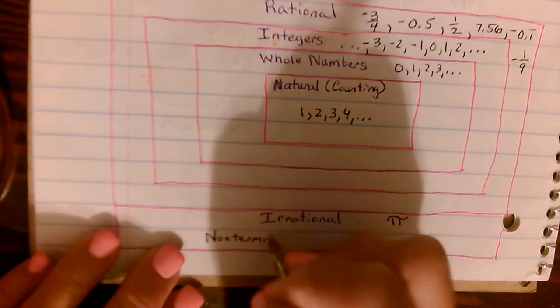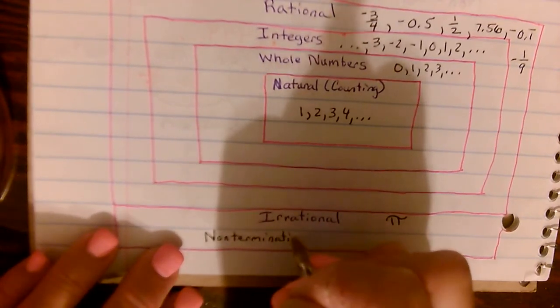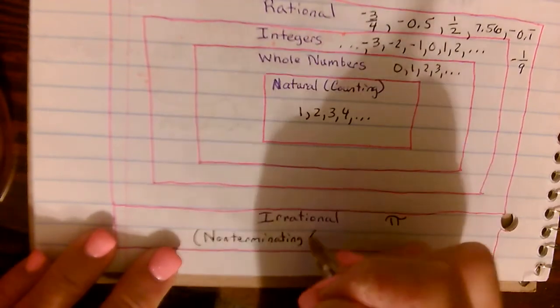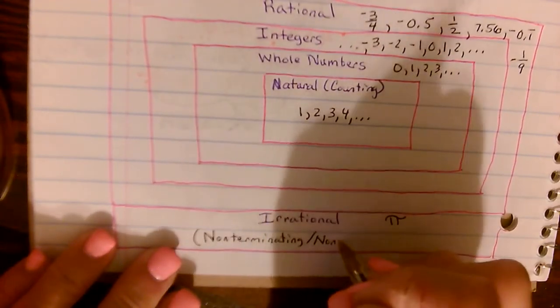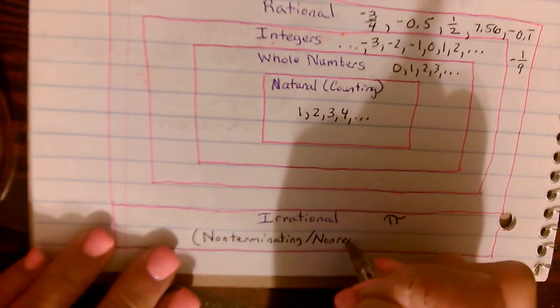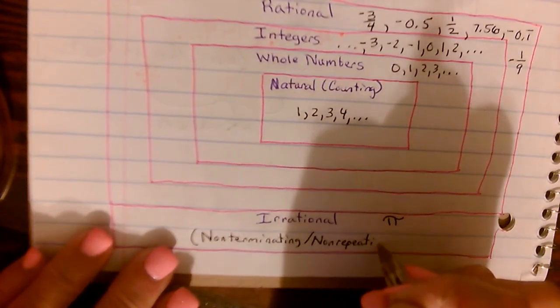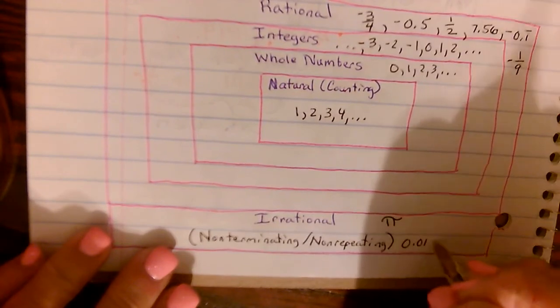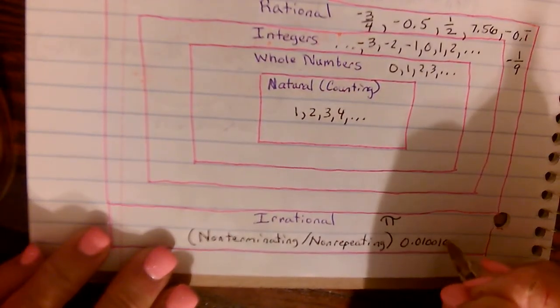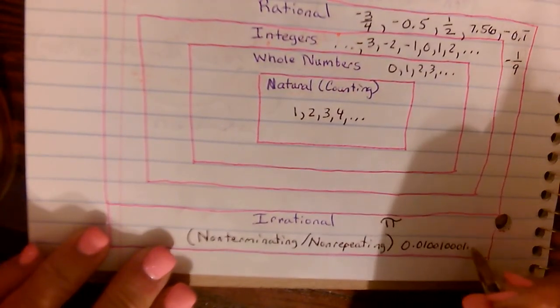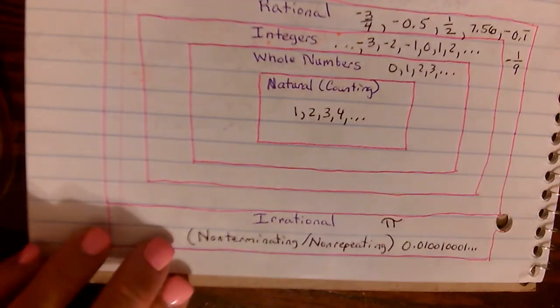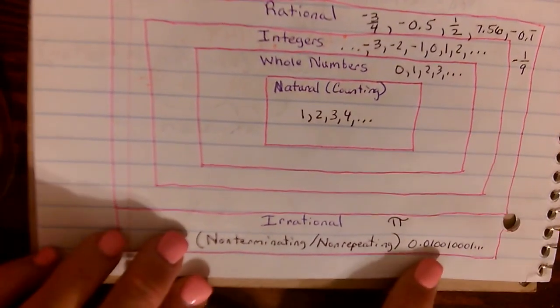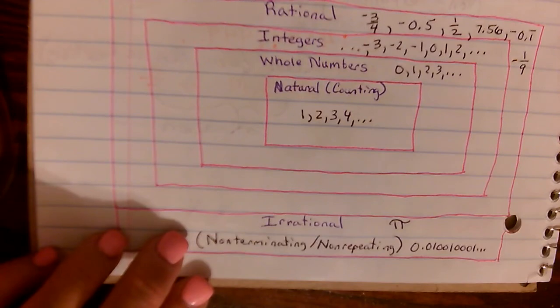Put parentheses around this: non-terminating, non-repeating, just like from our notes. And that could be 0.01001000100001 and so on. This is something that goes on forever, increasing by a 0 between the 1s each time.